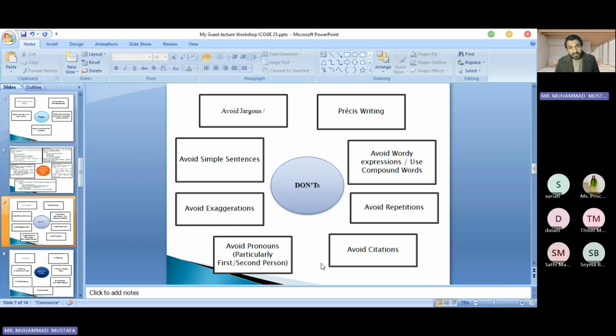That is effective and follows the writing rules. First person is just awkward, so we have to avoid first and second person pronouns while creating our abstract.